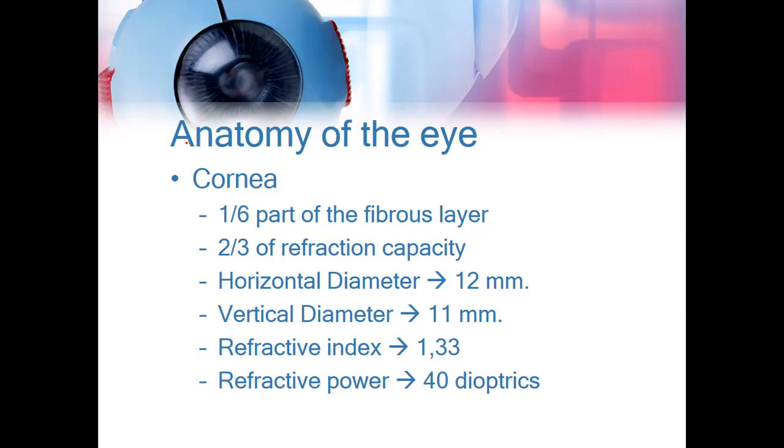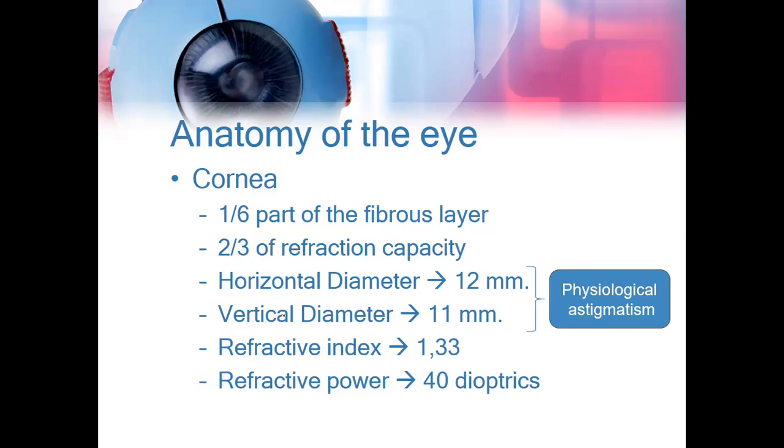This difference of diameters in the cornea explains a little problem that we all have. This is the reason, the difference between both diameters, right? If the cornea were perfectly spherical, the cornea would have the same diameter in both.